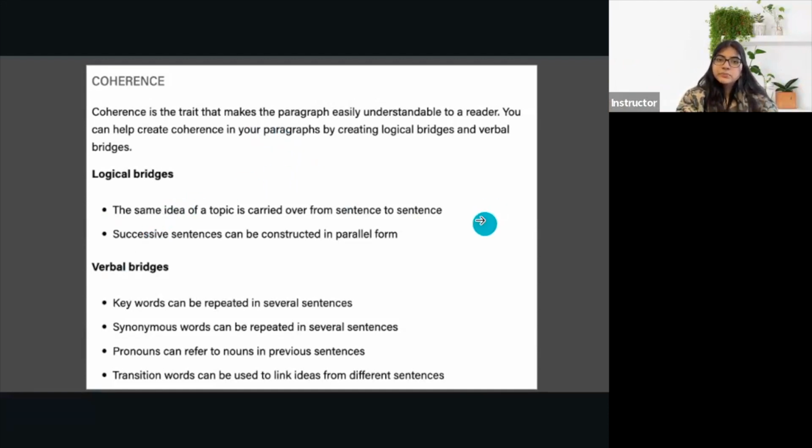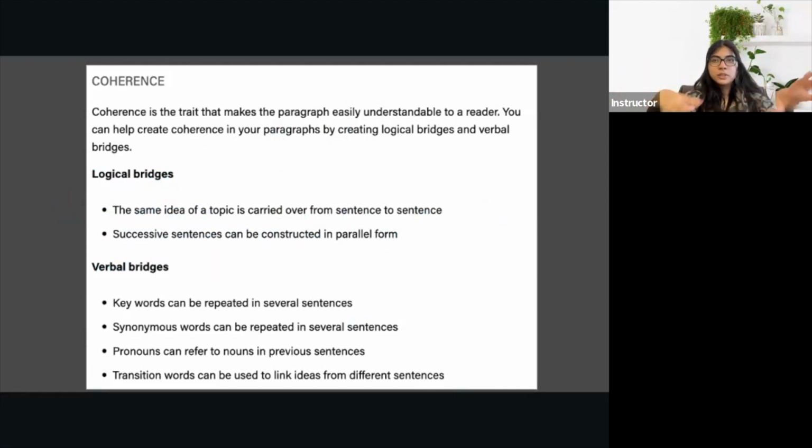Two ways that you can create this coherence in your paragraphs. The first one, logical bridges. This is when the same idea of a topic is carried over from sentence to sentence. So if you really want to hone in on one specific idea of, let's say, how the use of social media is going to affect the children's work ethic or their grades or something like that, that's going to be the main idea of your topic.